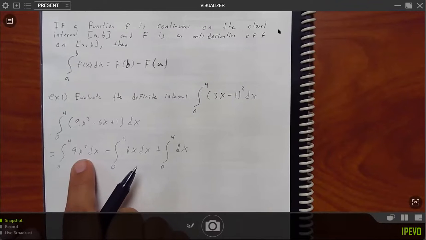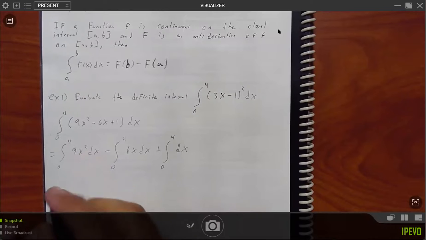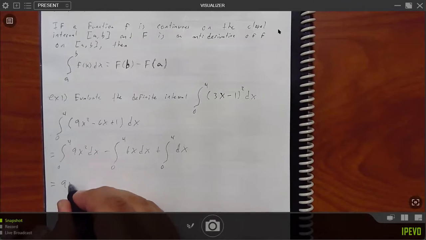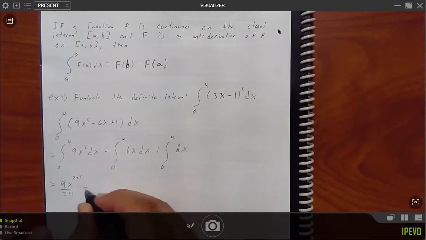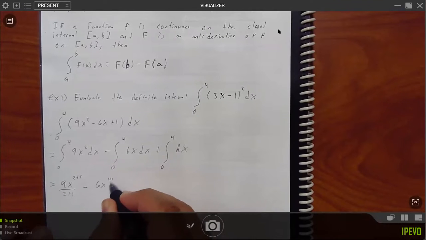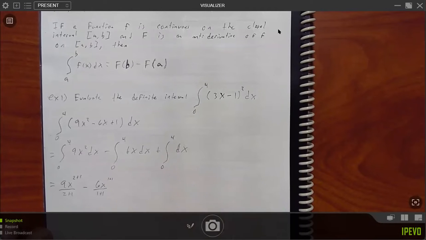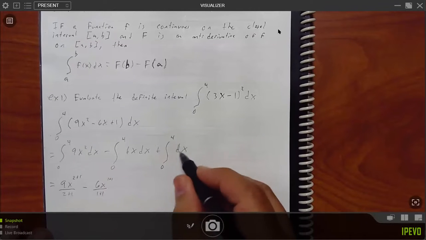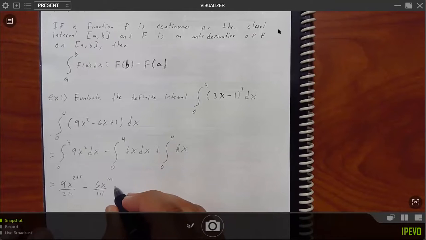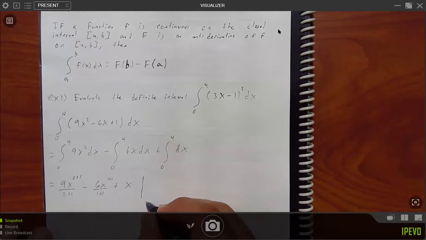The antiderivative was you add a power and divide by the result, right? So 9x squared divides by 2 plus 1, minus 6x divides by 1 plus 1. Last one, it's just a constant, so you would say plus x. And then you're going to evaluate from 0 to 4 on all pieces.